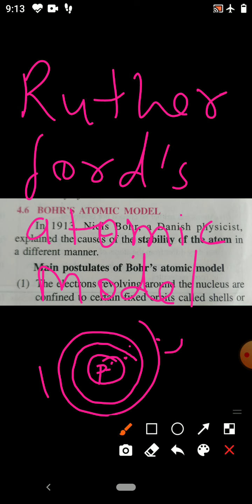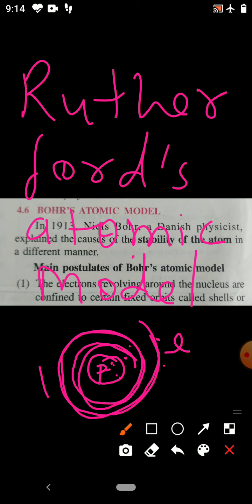So when electrons are revolving in a spiral path, they are losing energy and coming closer to the nucleus. Ultimately, when the energy of the electron is lost, radiated, then electrons will drop into the nucleus. It will collide, and in that case the atom will collapse.